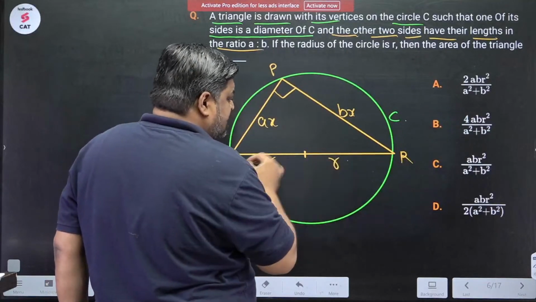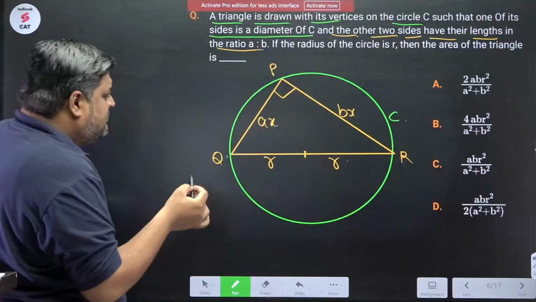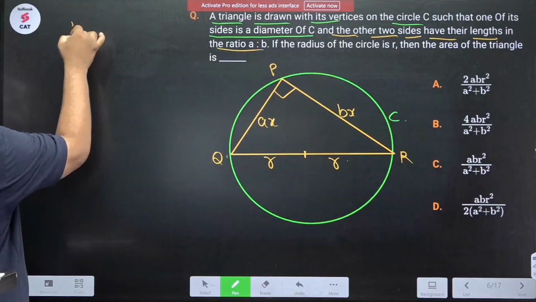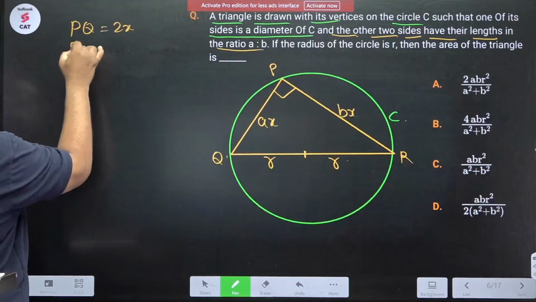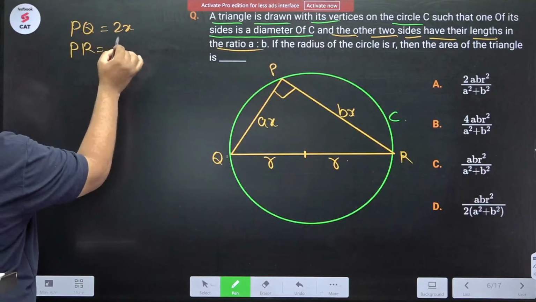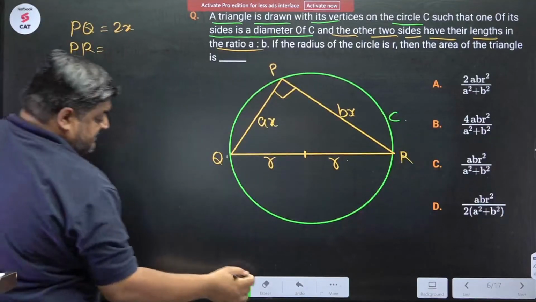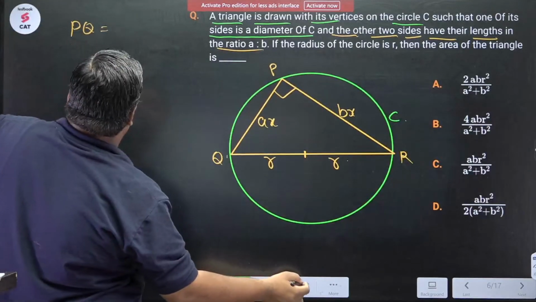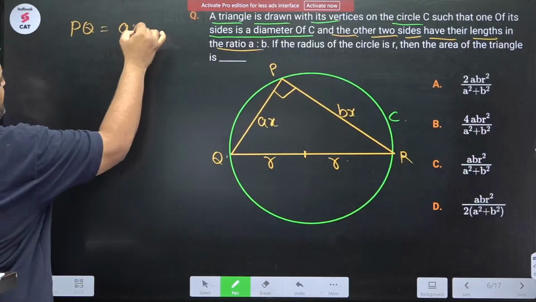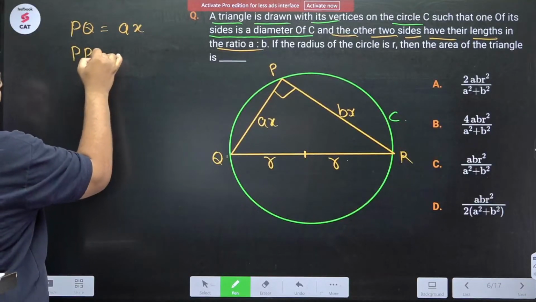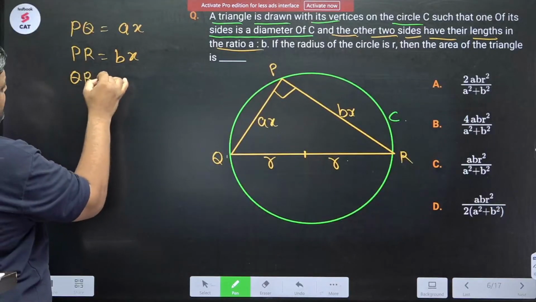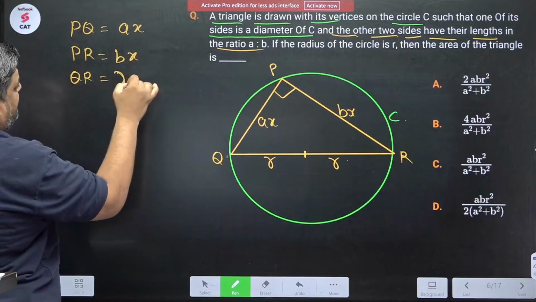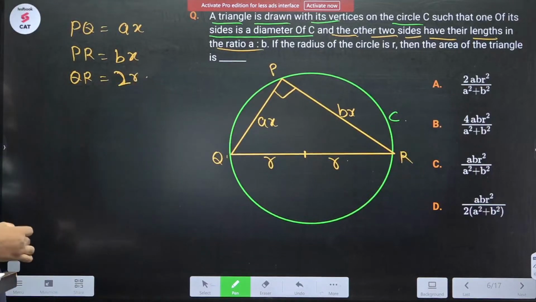QR is 2R. PQ is AX, PR is BX, and QR is 2R, right? What is the relationship between PQ, PR and QR?